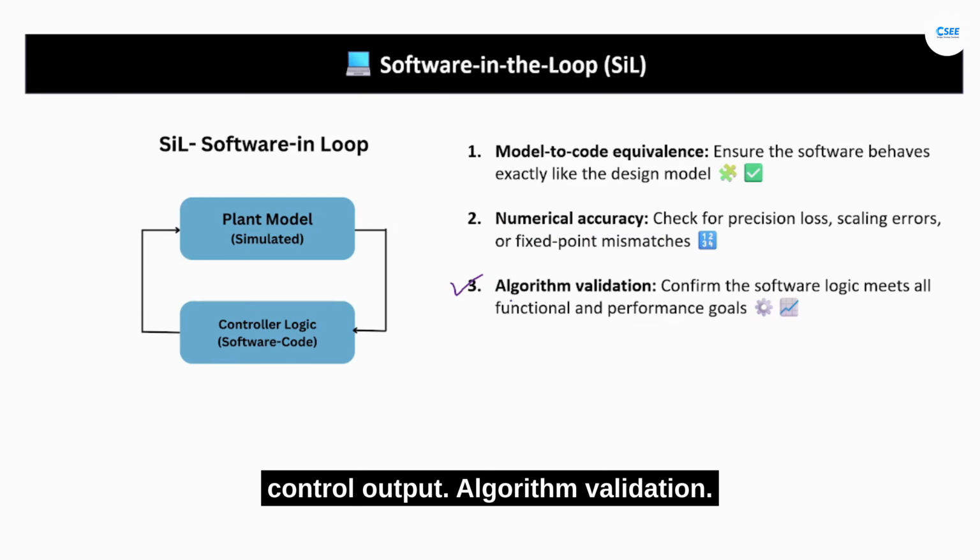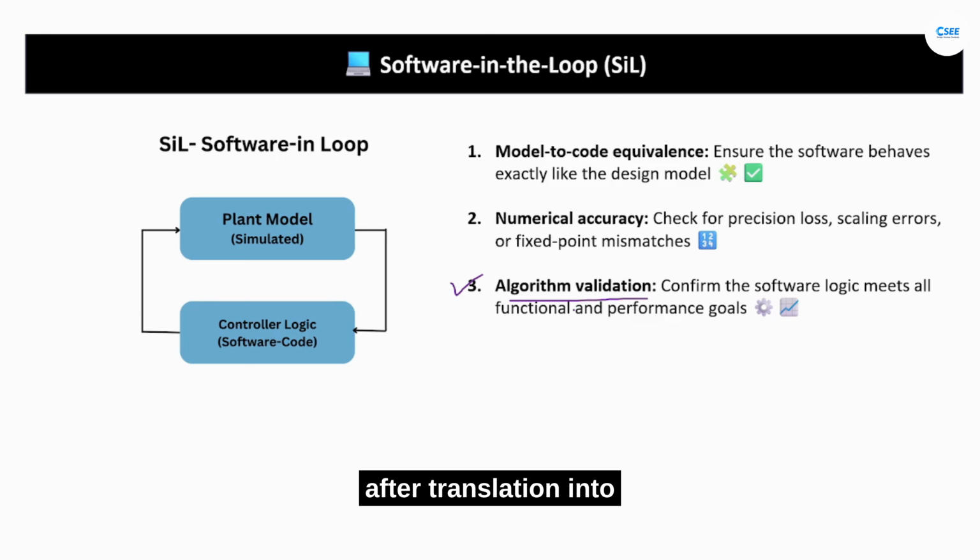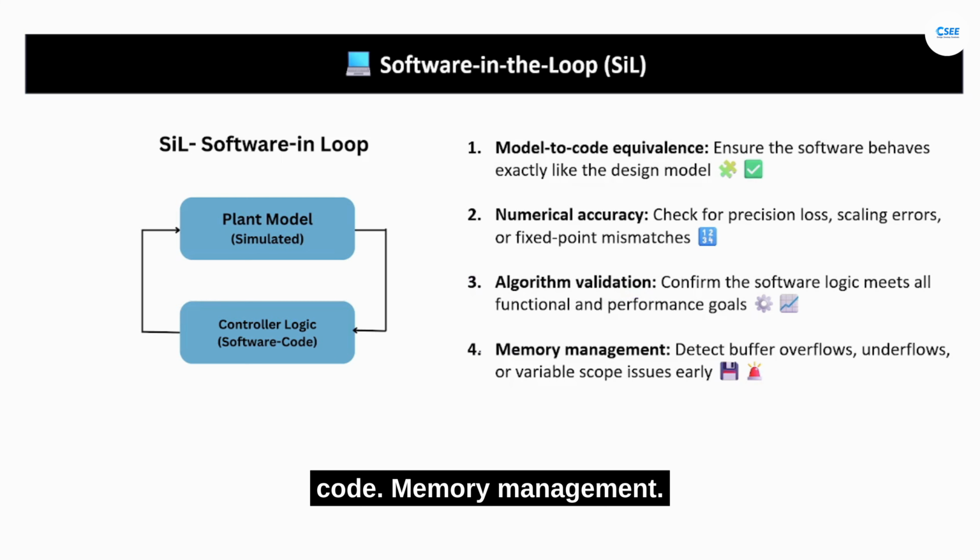Algorithm validation, confirming that the software logic still meets functional and performance requirements after translation into code. Memory management, identifying buffer overflows, underflows, or variable scope issues that could cause instability later.